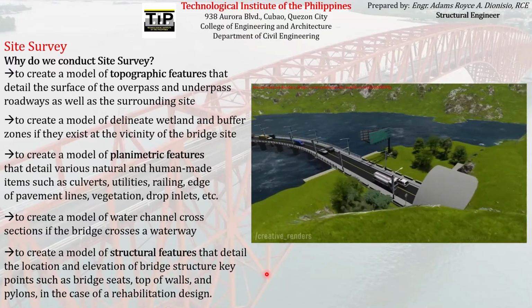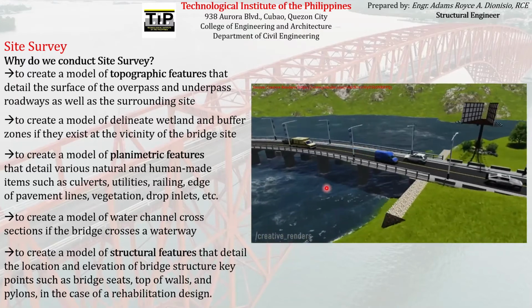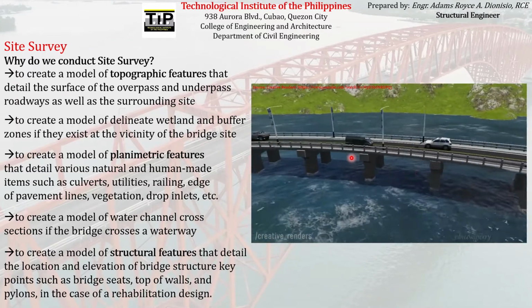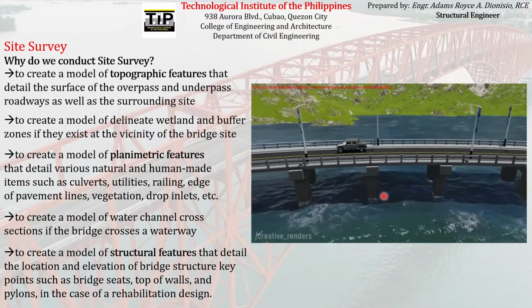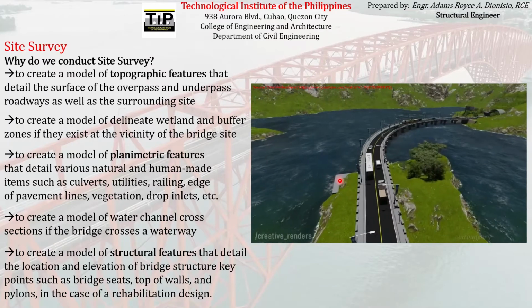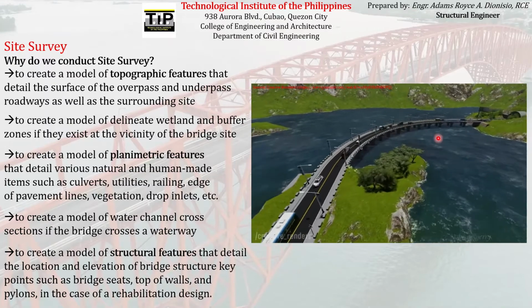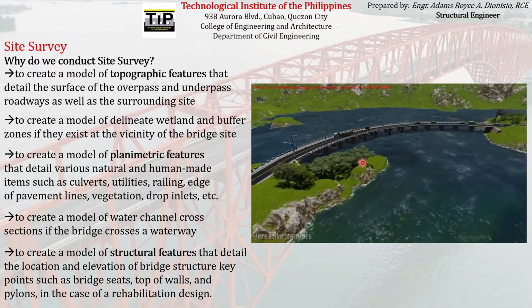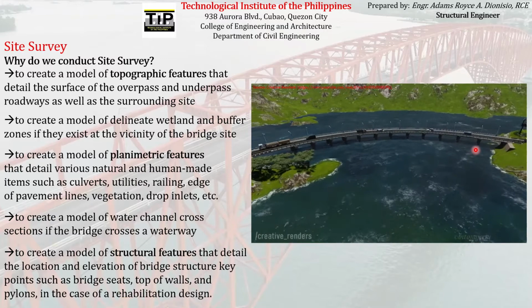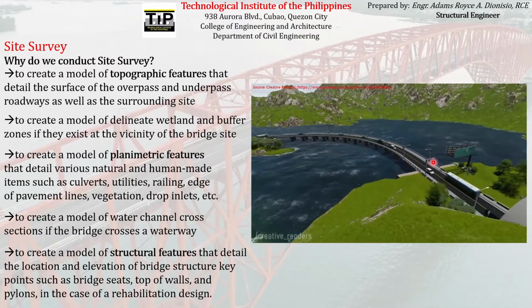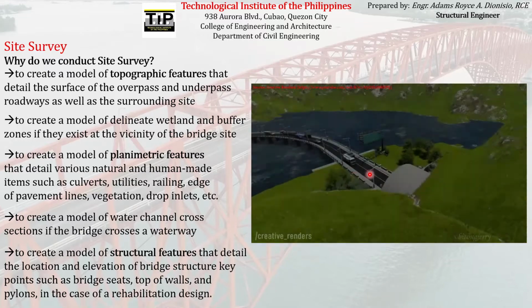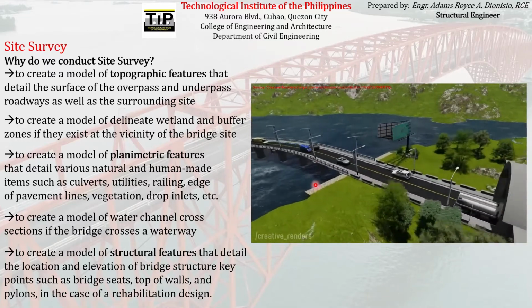So overall, again, we conduct site surveying to have a model of the actual site where we are planning to construct our bridge structure, so that we can have a visualization of the actual site and all of the topographic features that we can see or encounter there as we construct our bridge structure.